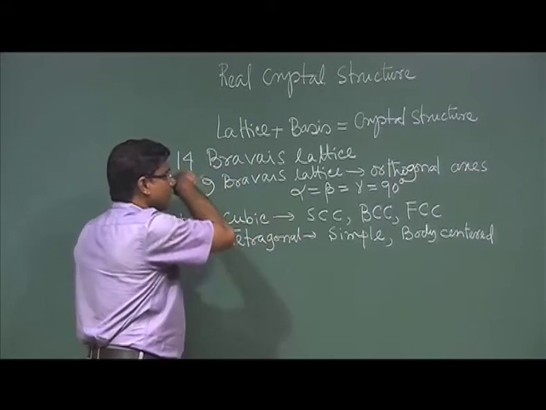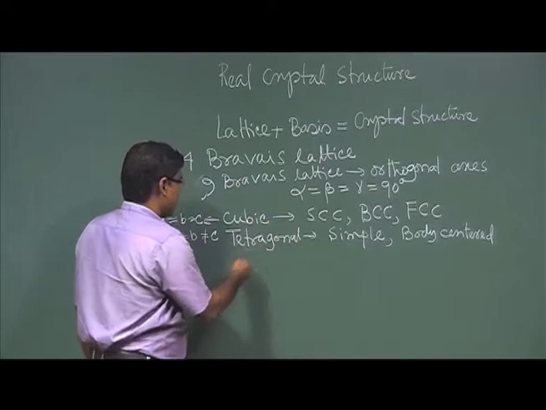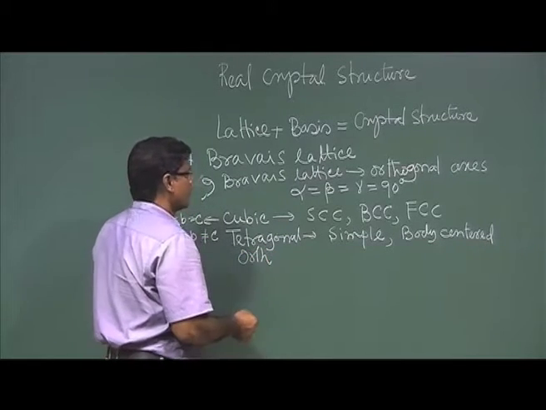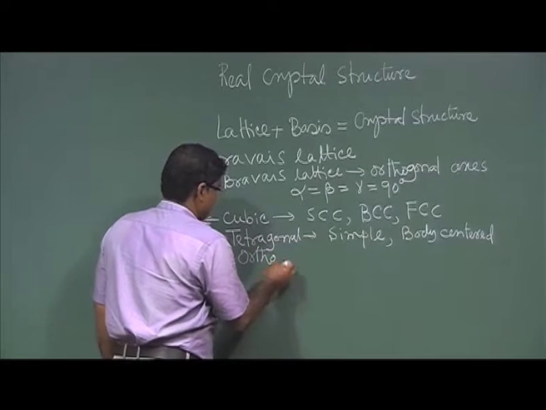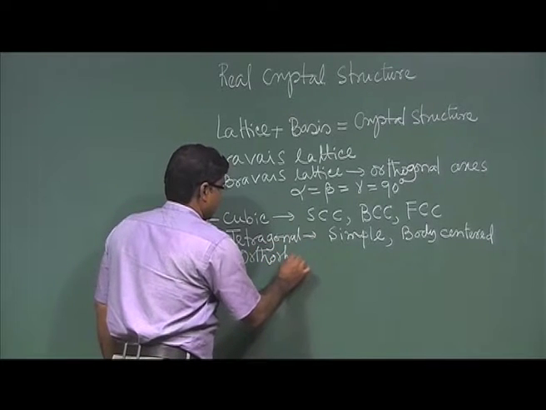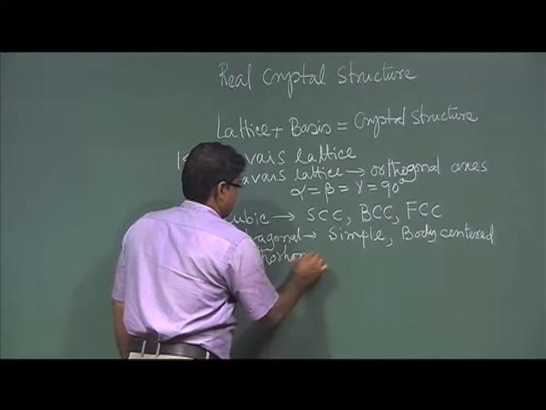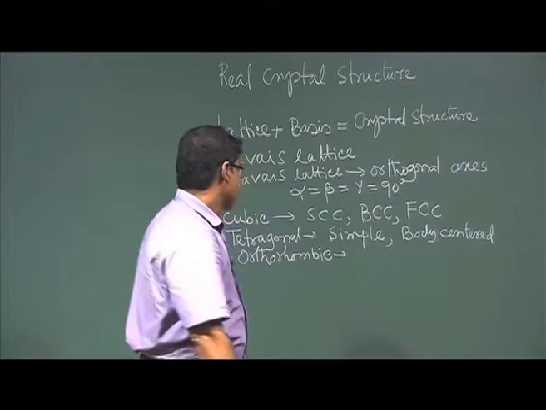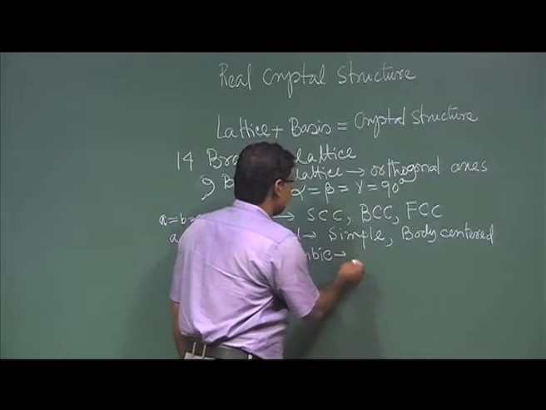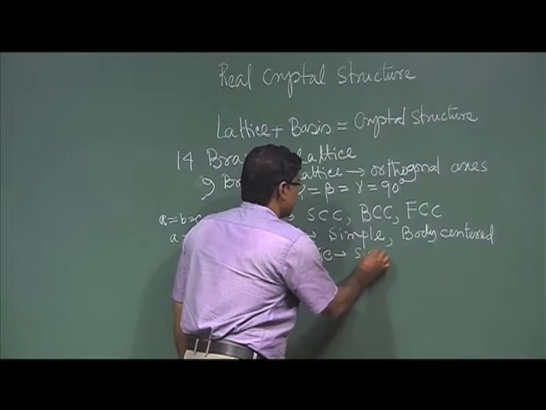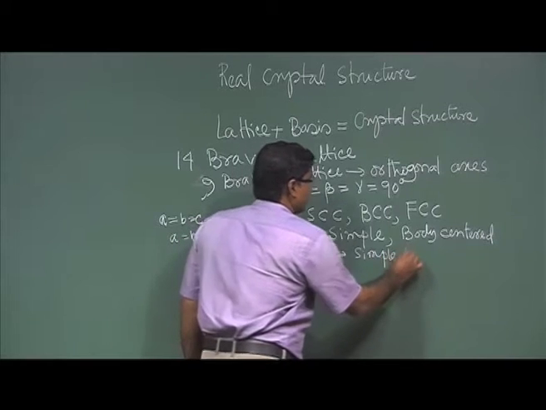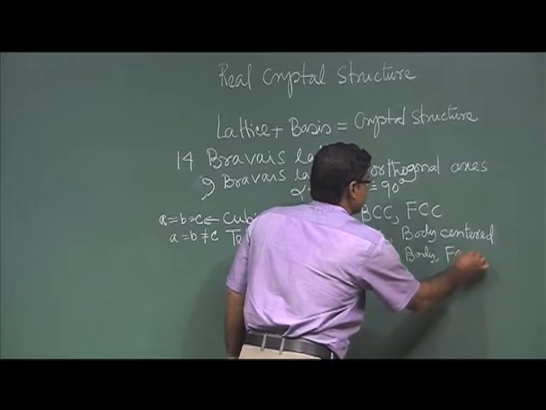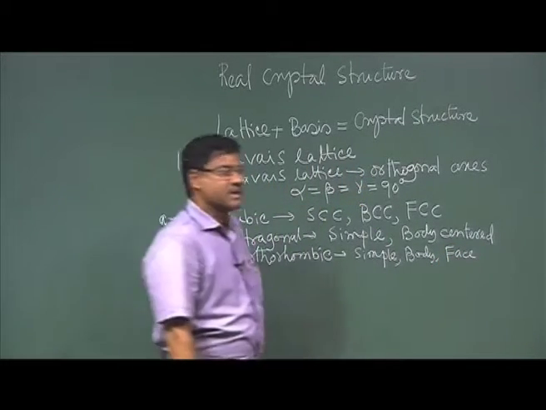And another is the orthorhombic crystal system having orthogonal axis. It has 4 Bravais lattices: simple, then body centered, then face centered and base centered.